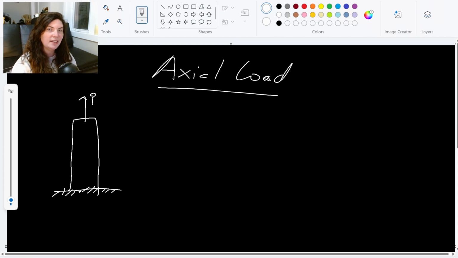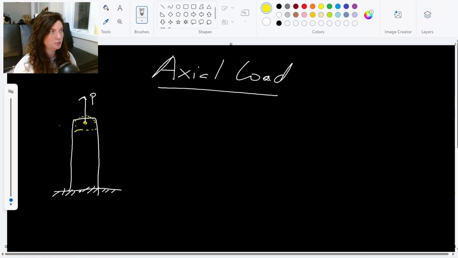When we do that, there's actually some distortion around that load. Where that load is happening, there's a little bit of distortion occurring where the load is attached. It's not quite a perfect example of our average stress equation.